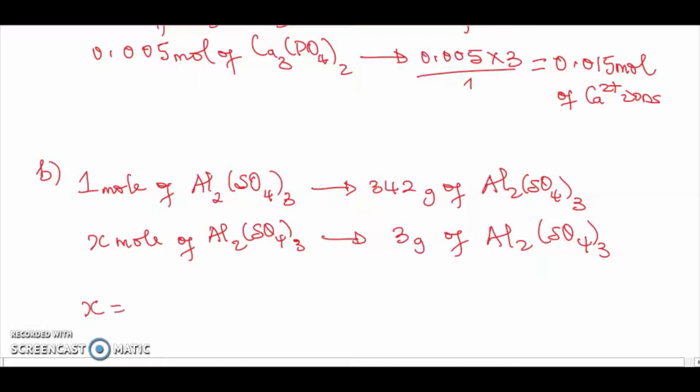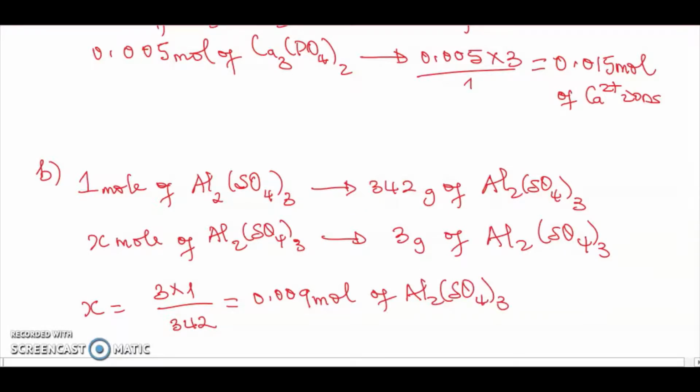So X is equal to 3 divided by 342. So what does that give? It gives us 0.009 mole of aluminum sulfate.